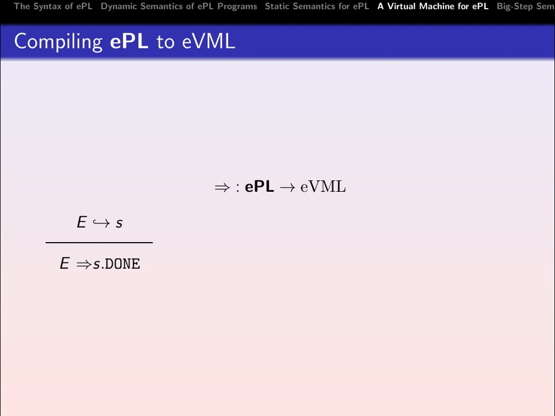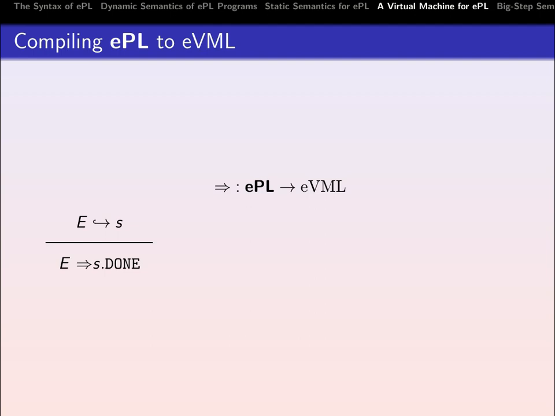So I have the compilation, I have the dynamic semantics of the expression, I need a notion of semantics for my virtual machine code. At that point, I can say what the execution of virtual machine code is, and I can establish the equivalence.